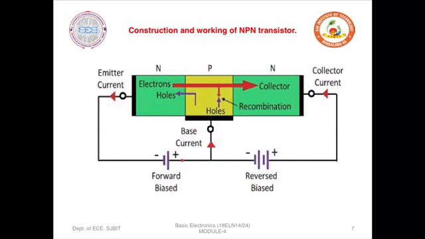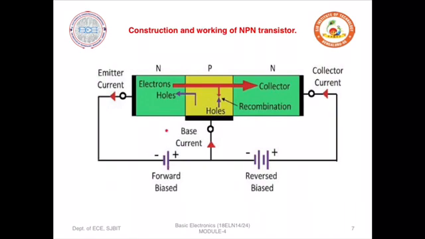such that there is a positive biasing connected to the base terminal and negative biasing connected to the emitter terminal. That is one biasing voltage between emitter and base. Similarly, one more biasing voltage is between collector and base, which is positive towards the collector and negative towards the base.